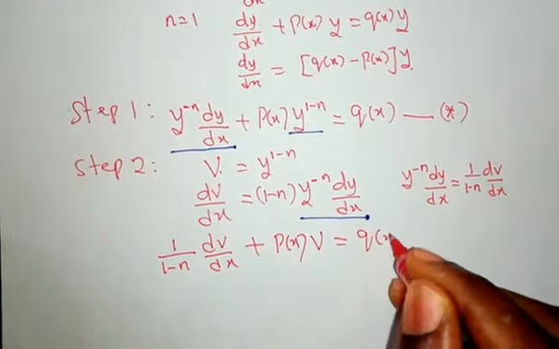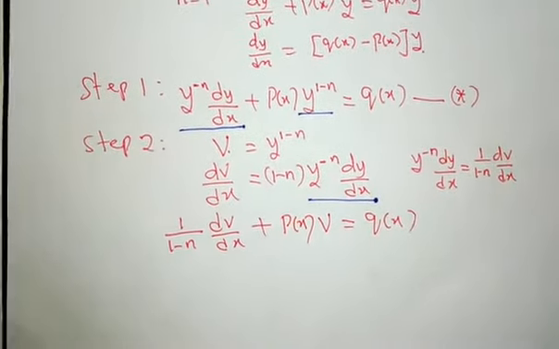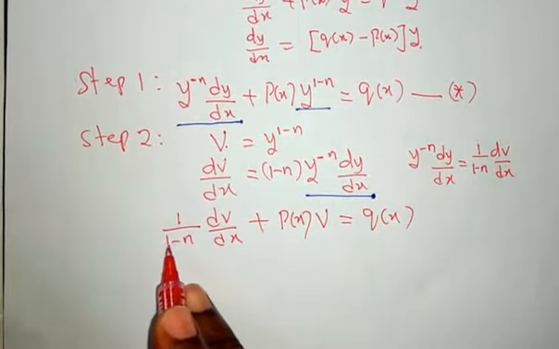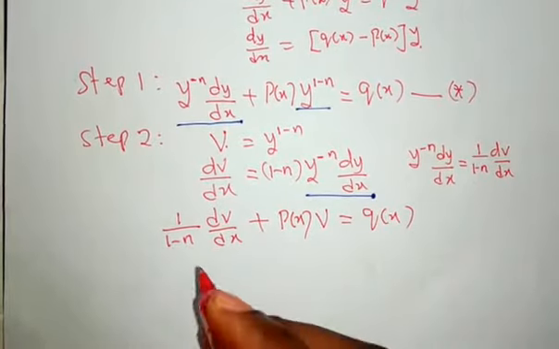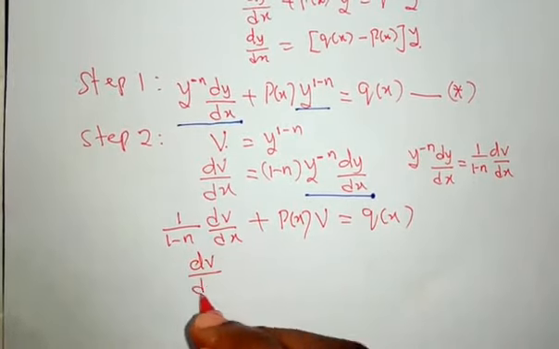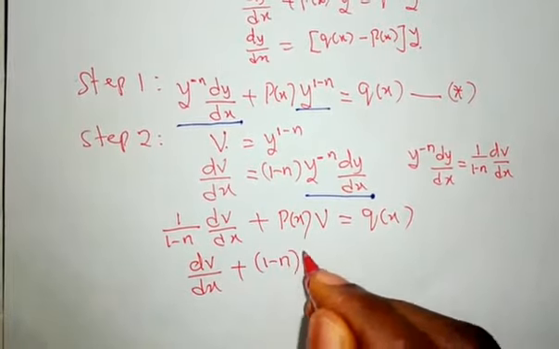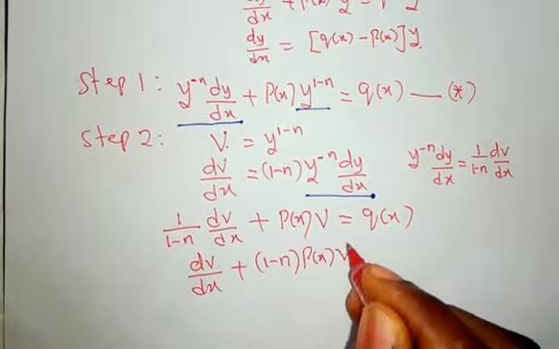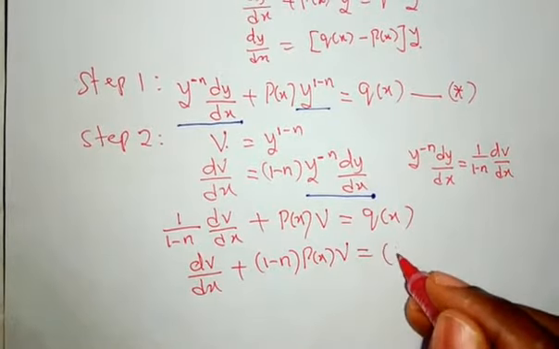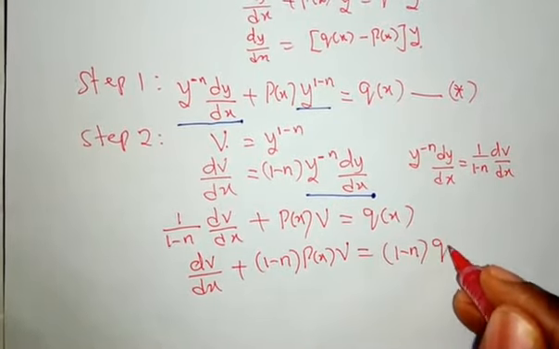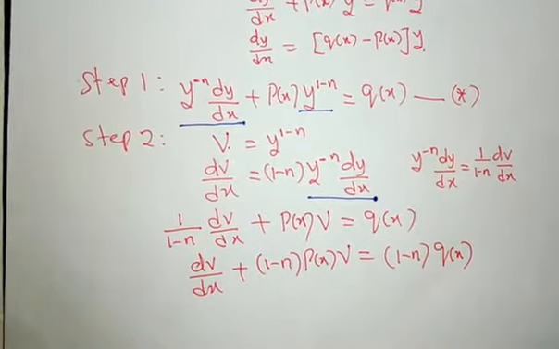So if we multiply through by (1-n), we will have dv/dx + (1-n)p(x)v = (1-n)q(x).